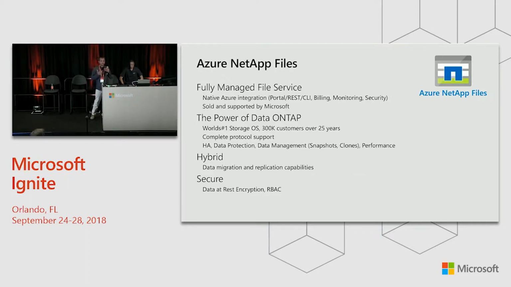From a data plane perspective, ONTAP has FIPS compliant NV volume encryption. Leveraging that, secure multi-tenancy. We'll talk about a lot of capabilities that are baked into ONTAP. Also enterprise-grade security architectures, LDAP, Kerberos, all of those things that are baked into ONTAP will be available, and some of them are already in the preview.